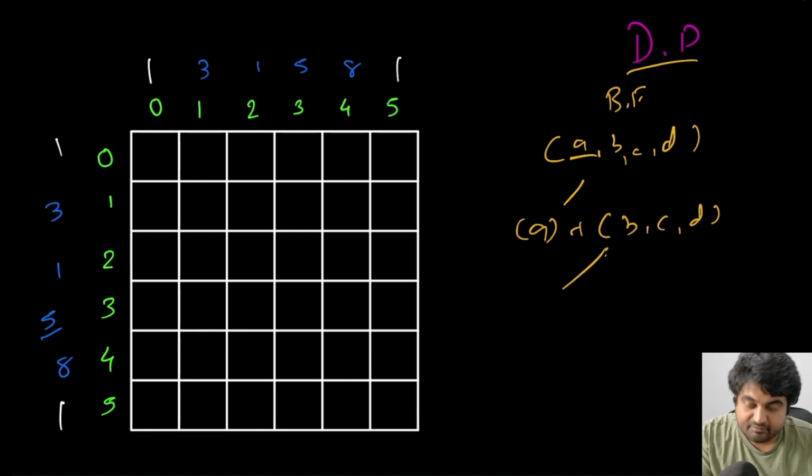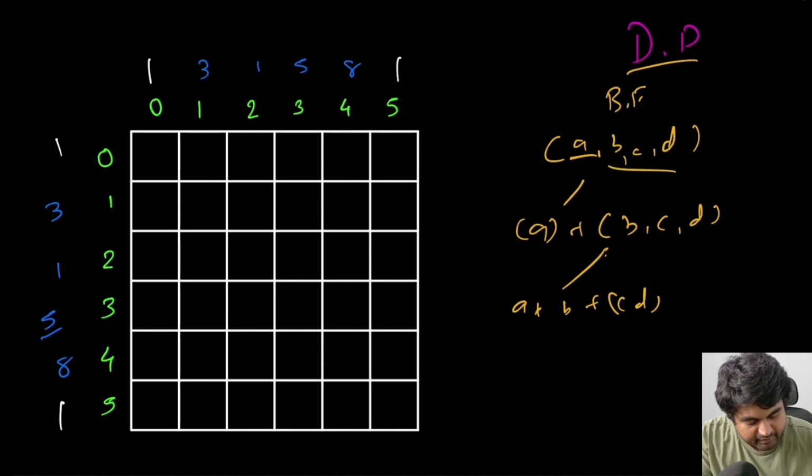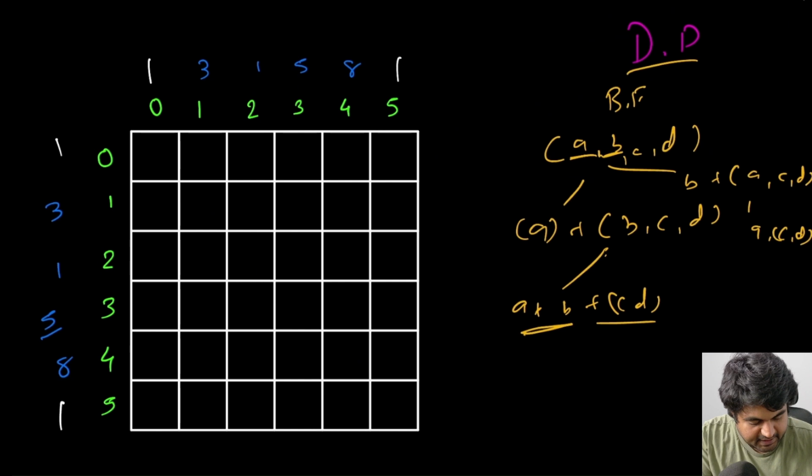Same way, once again we have two choices of A plus B plus whatever value we generated from CD. Same way over here, we could have decided to burst balloon number B, and then once again generate the value that would be gained from A, C and D. And once again we could have burst balloon number A, and then once again the values would have been C and D. Now notice that in both cases we are left with value A plus B plus CD and B plus A plus CD, basically in just reverse sequence.